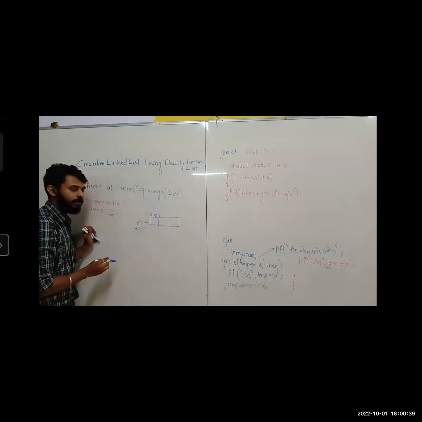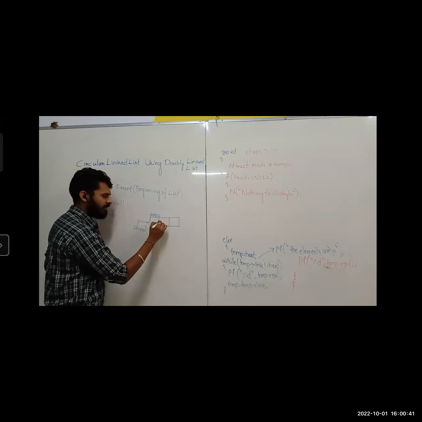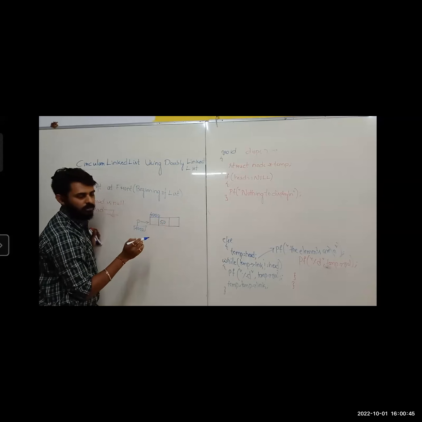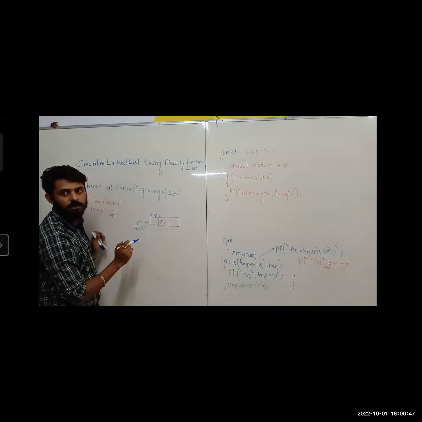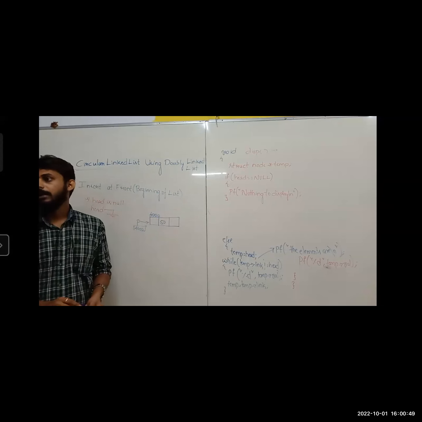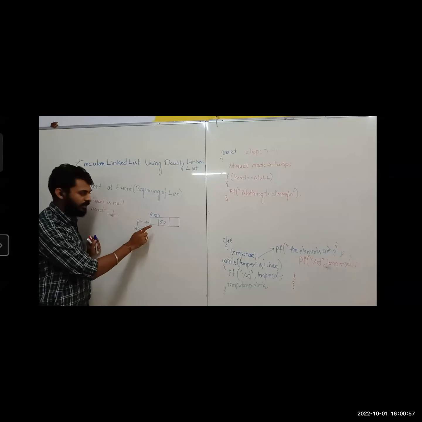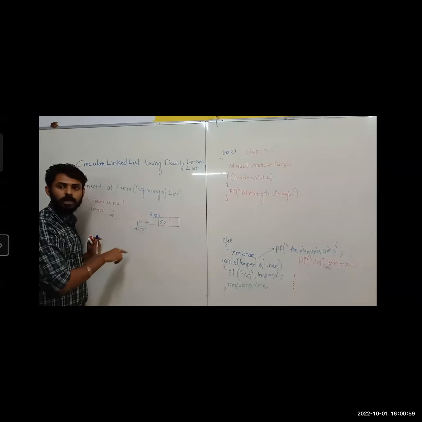Now you think and tell me, here some value I will store for sure, 50, 10, whatever it is. What about these two links? As I've already told, circular linked list means its link definitely should be pointing to first node. But in this case, first node and last node are both the same.